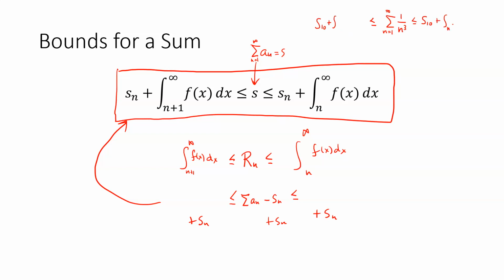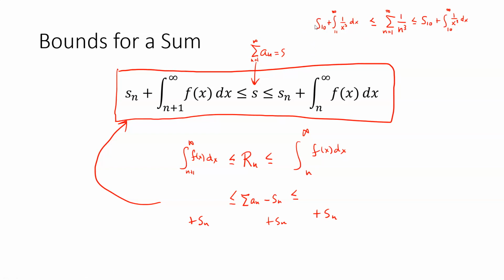So we computed from n to infinity would be from 10 to infinity here. And then on the lower end, it was from 11 to infinity. Okay, so if we put the pieces together that we had in the previous slide, we can get an upper and lower bound on the actual sum of the series. So let's do that now.